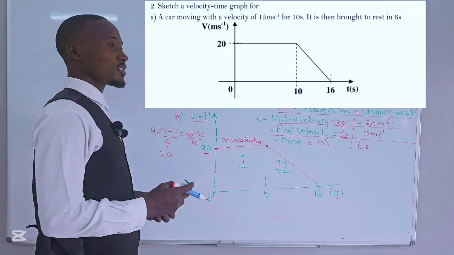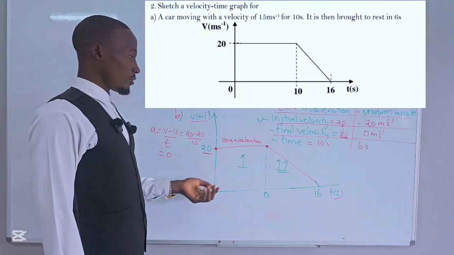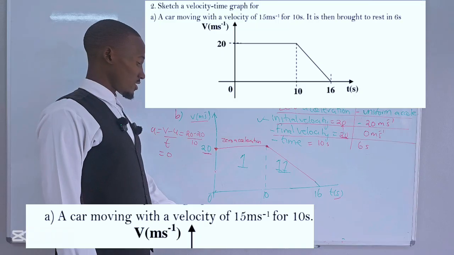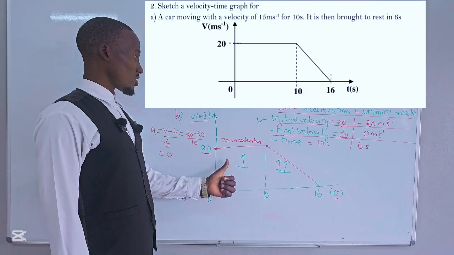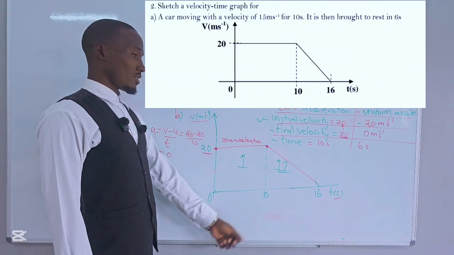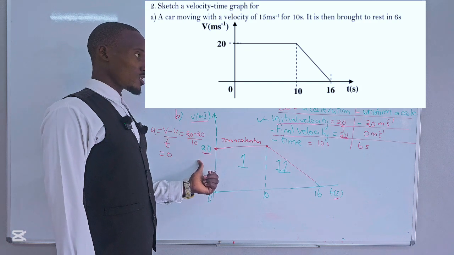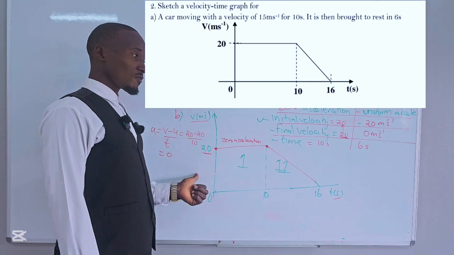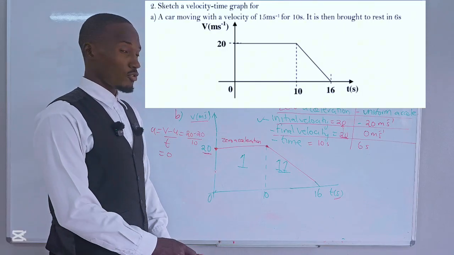So when we are explaining the first part of motion, we will say a body moved with a constant velocity for the first 10 seconds. Or a body moves with a 0 acceleration for the first 10 seconds. Or a body starts with a velocity of 20 meters per second and maintains this velocity for 10 seconds. All those descriptions are correct.